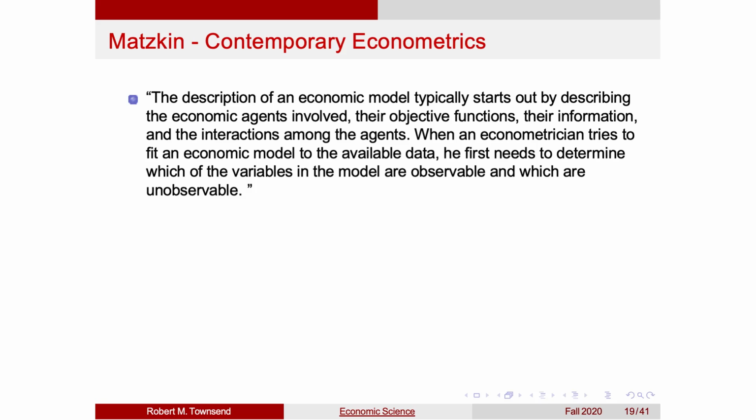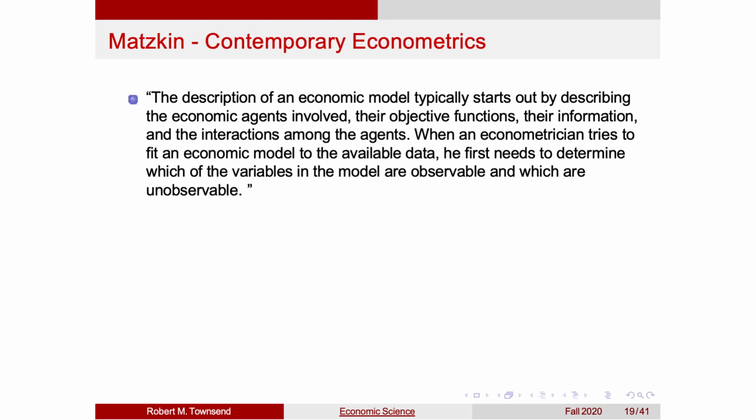Matzkin is about econometrics, and she delineates the ingredients here quite well. You have an economic model describing the agents who are involved, their objective functions, their information, the way they're interacting. The econometrician tries to fit the economic model to the data and has to make the following distinctions.